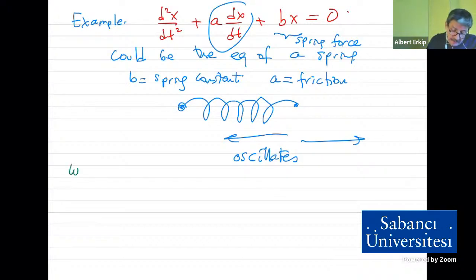Now, we put x1 equals x and x2 equals dx dt. Then what was my equation?